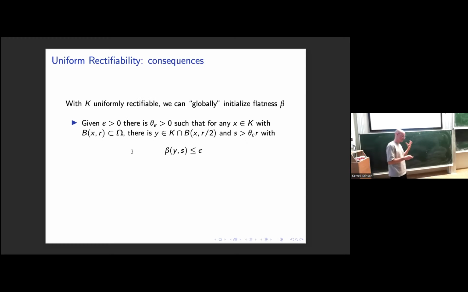Once you have this, the reason why we actually prove uniform rectifiability, although it might be a nice property, is that it allows you to initialize flatness.